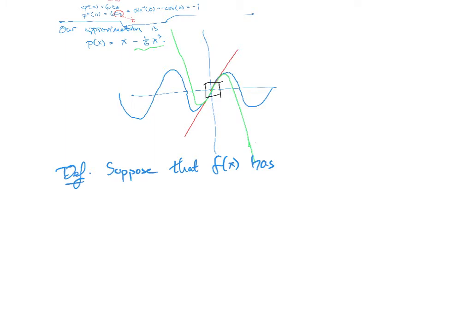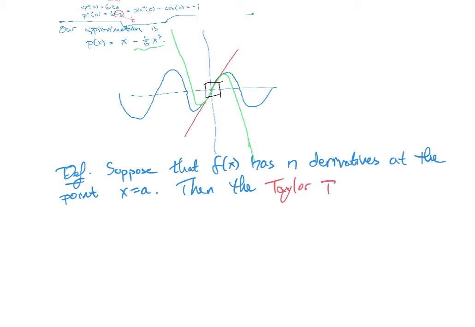So suppose f of x has n derivatives at the point x equals a. Then we define the Taylor polynomial of degree n for f of x centered at a.